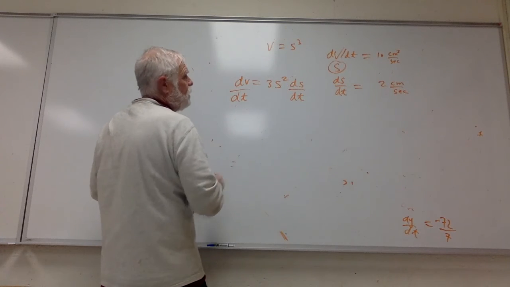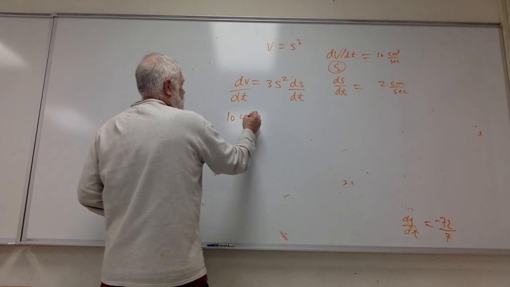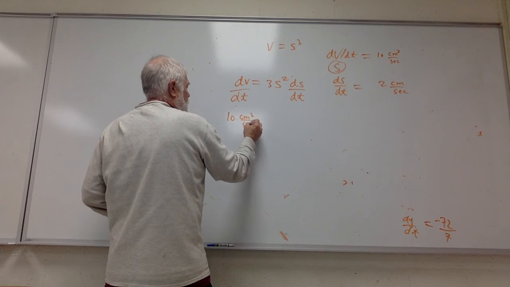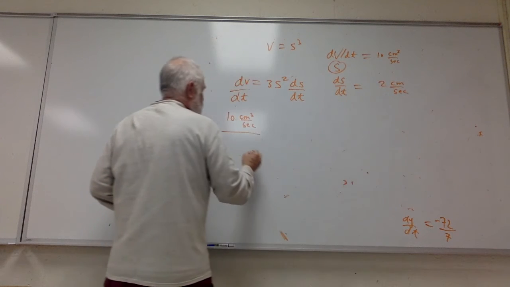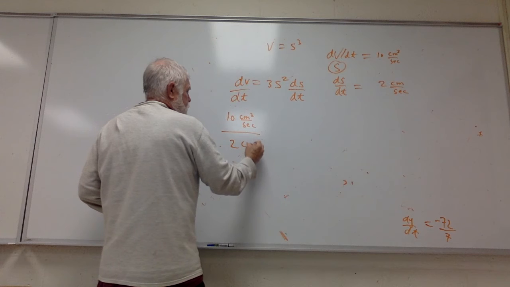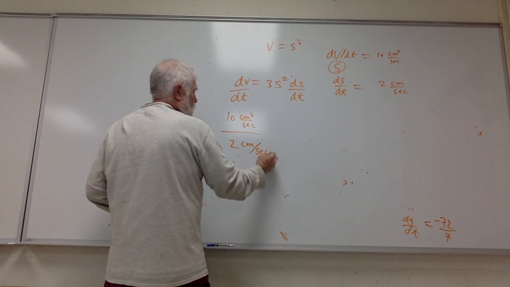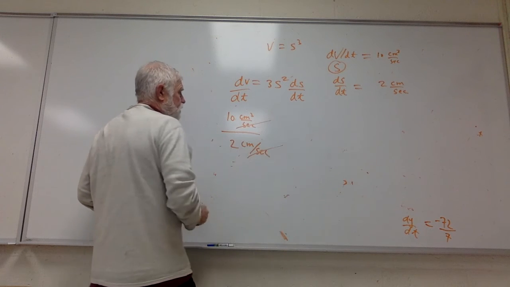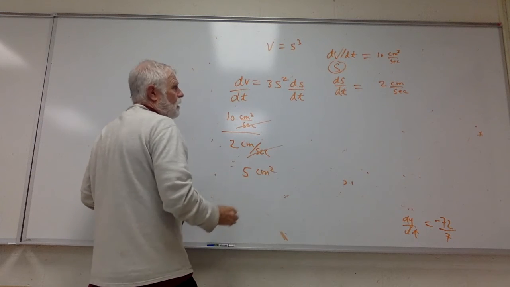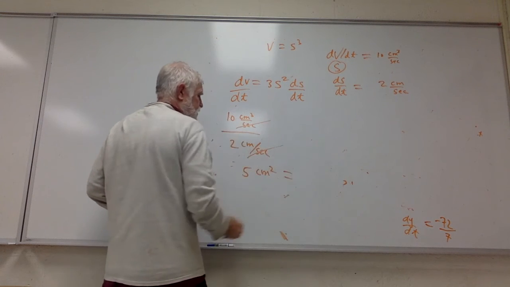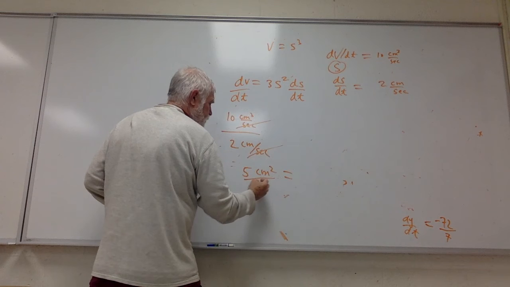All right, so dV/dt, 10 centimeters cubed per second, is going to get divided by 2 centimeters per second. Okay, seconds can cancel, yes. So we got 5 centimeters squared. Oh, and I guess that's going to get divided by 3.